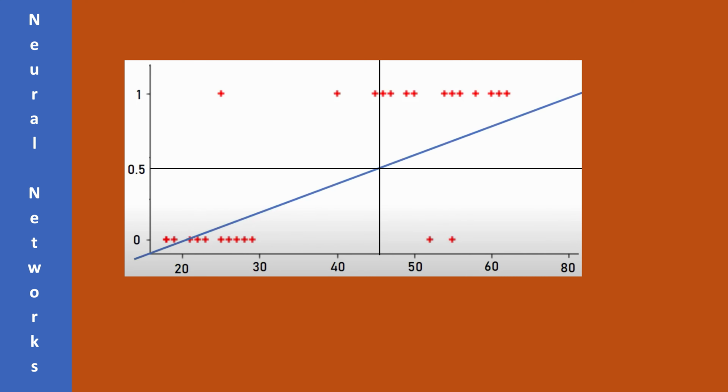Now what will happen because of trying to make the line higher, or increasing the slope, is that some data points which were previously classified as ones will be classified as zeros. Like you can see this data point very close to the vertical black line.